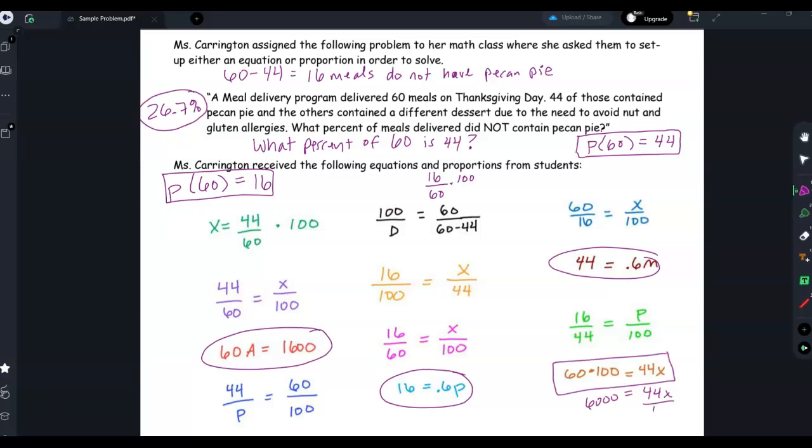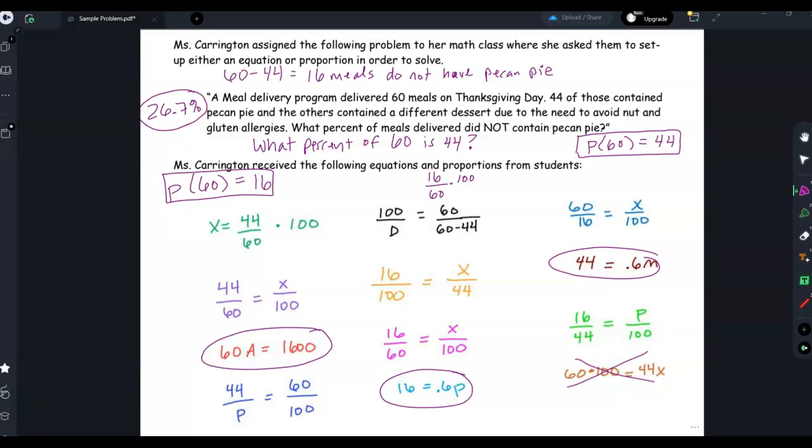And then if I divide both sides by 44, 6,000 divided by 44 is 136.36 repeating. So 136, that's not the right answer, and it's not leading me to the right answer either. So I could probably go ahead and rule that one out. Again, we could revisit it later after we do the proportion method, but the fact that I'm not getting a right answer or something that leads me to a right answer means that one's not likely working.